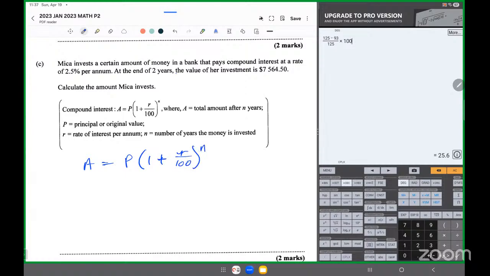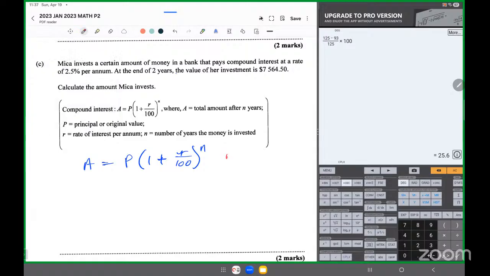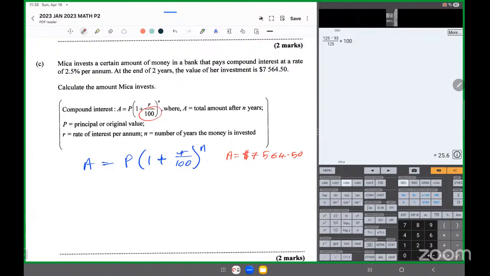In this example, let's put in the values. The amount accumulated, they tell you, is $7,564.50. The percentage is 2.5, and this 100 already takes care of the percentage in the 2.5.